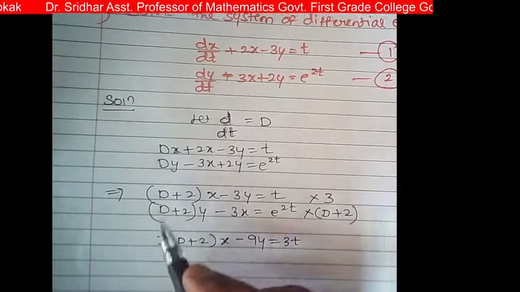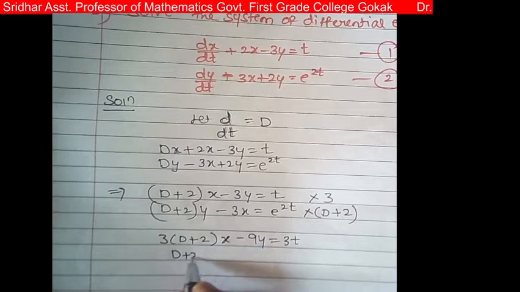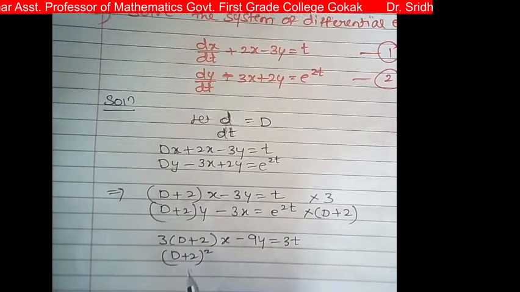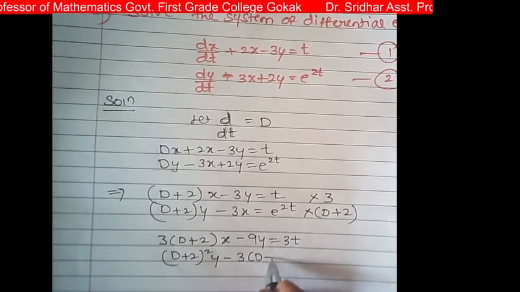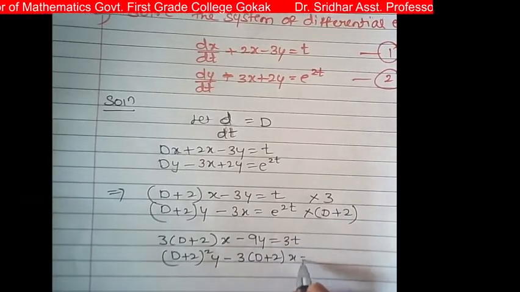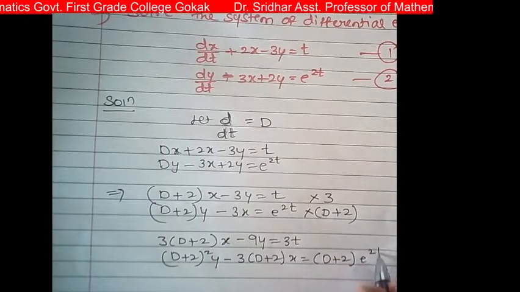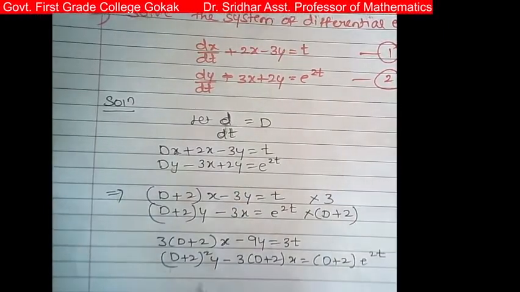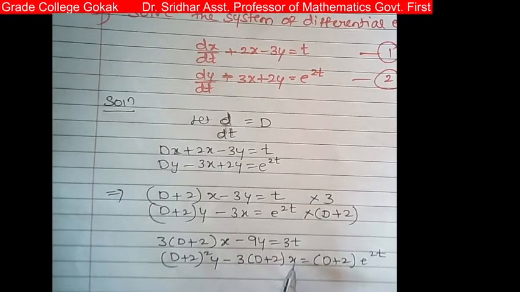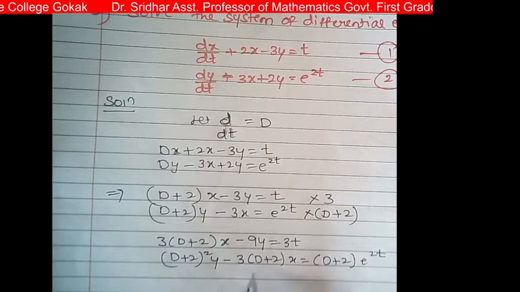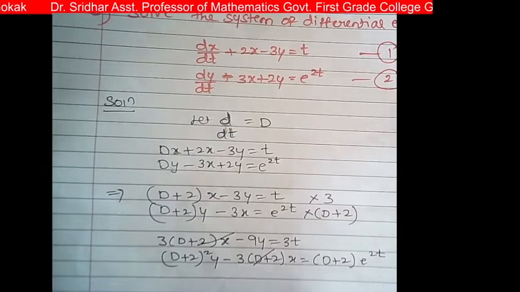Next the second equation I multiply with D plus 2, so this is (D plus 2) whole square y minus 3 into (D plus 2) x, which is equal to (D plus 2) e raised to 2t. So now see here, the coefficient of x is 3 into (D plus 2) in both, so both are the same now. Next, add these two, and the x terms will cancel each other.